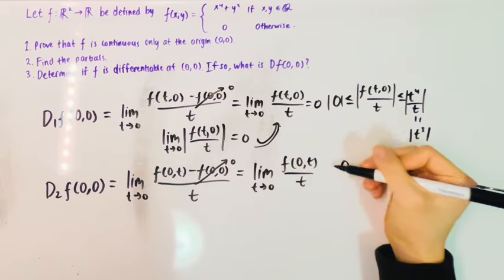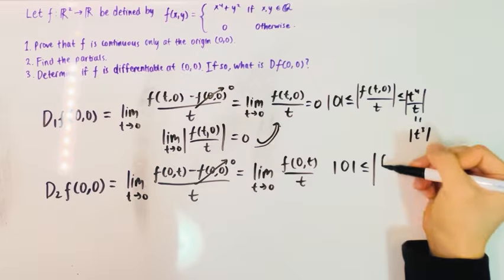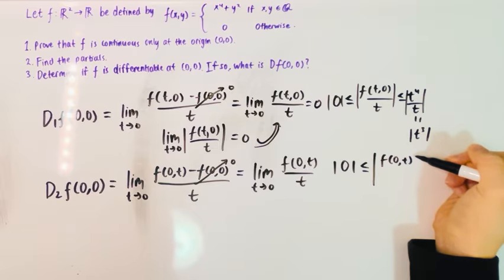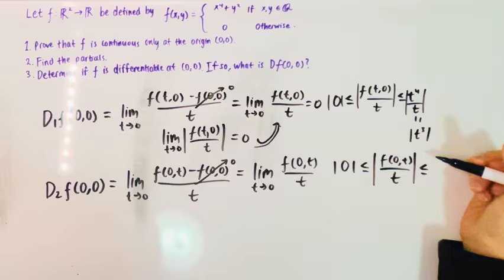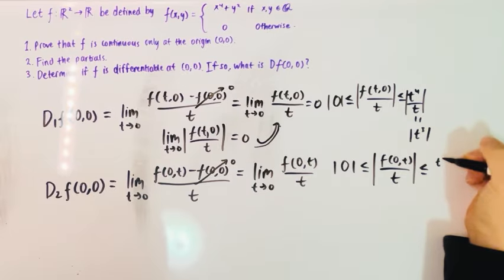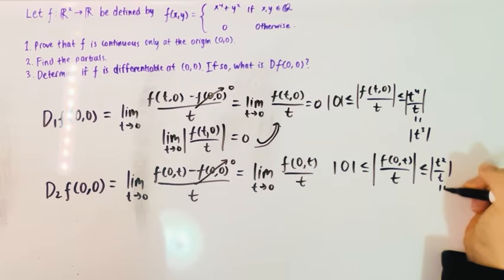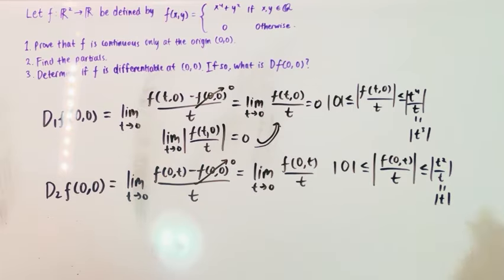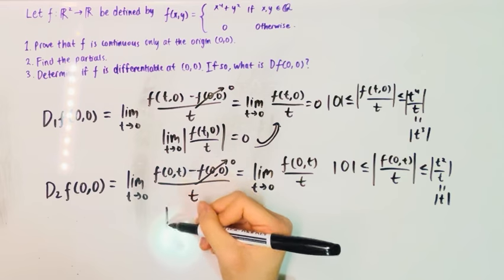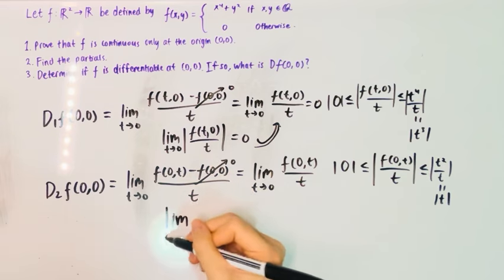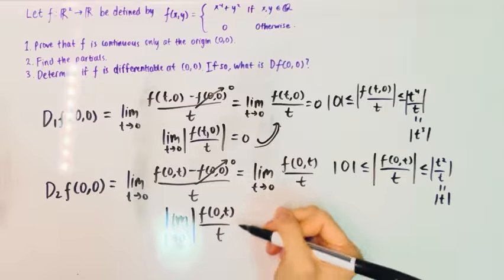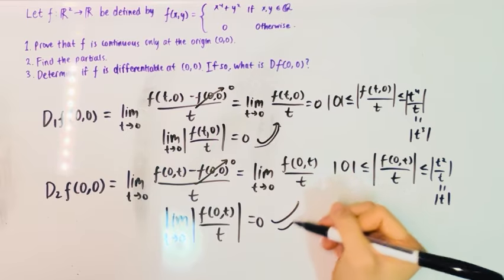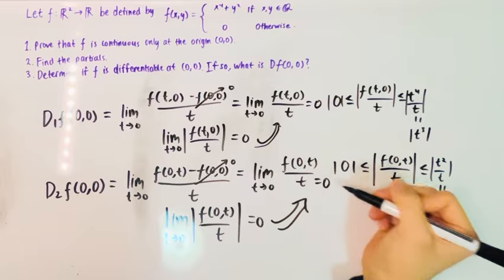Again, using the squeeze theorem, we see that f(0, t) is going to be bounded above by, this time, t² over t, which is equal to t. Taking the limit as t goes to 0 of all sides, we get that the limit as t goes to 0 of f(0, t) over t is equal to 0, which implies that this is equal to 0.